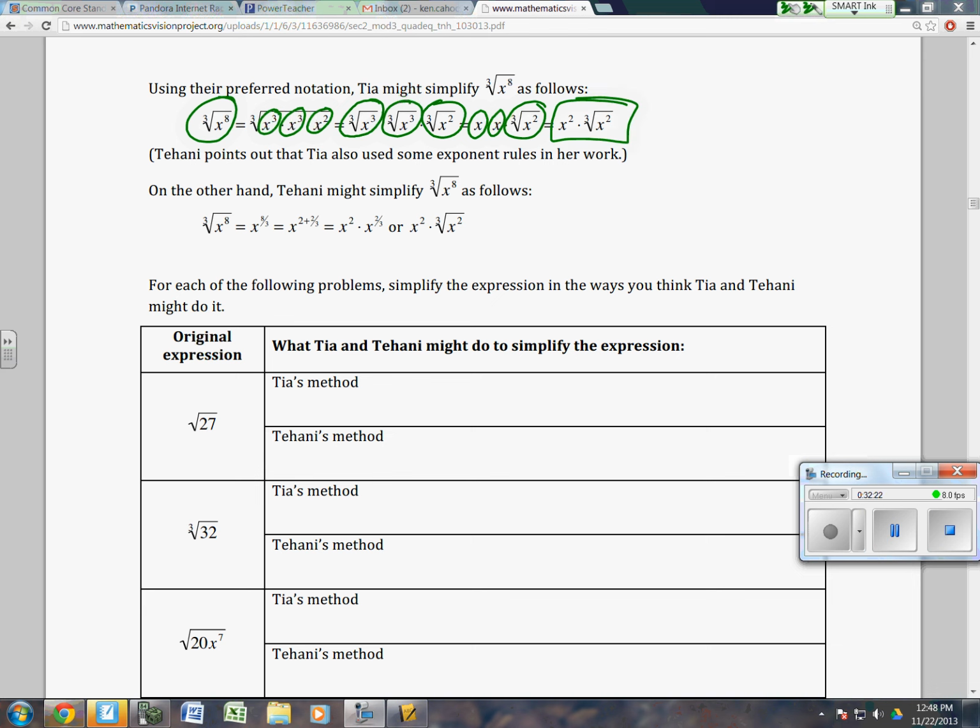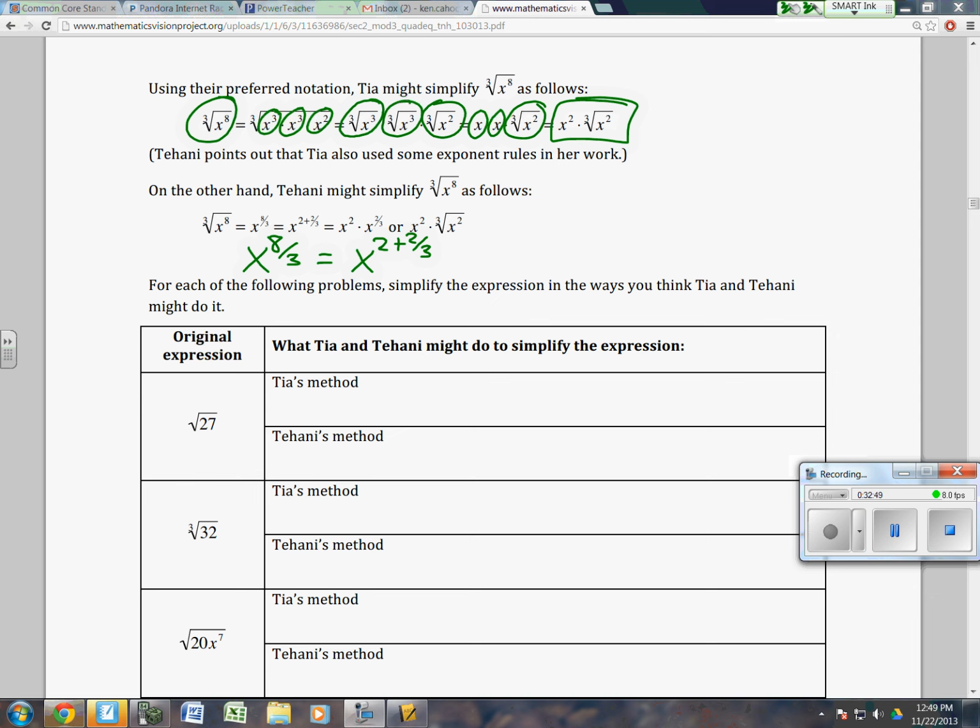Okay? Now, the other person's method is actually a little bit faster. She rewrote it as x to the 8 thirds, right? And how many times will 3 go into 8? 2 with how many left over? Yeah, 2 and 2 thirds. So she separated it into x to the 2 plus 2 thirds. Can you do that?